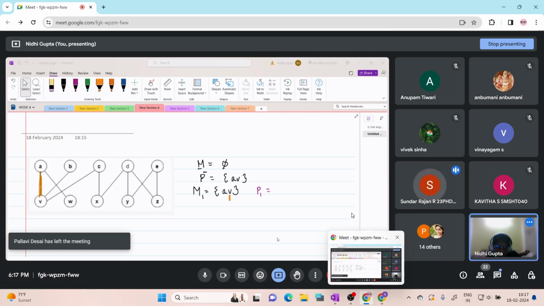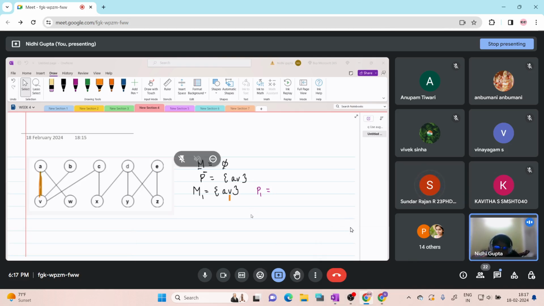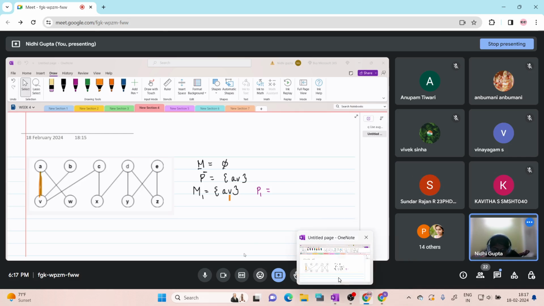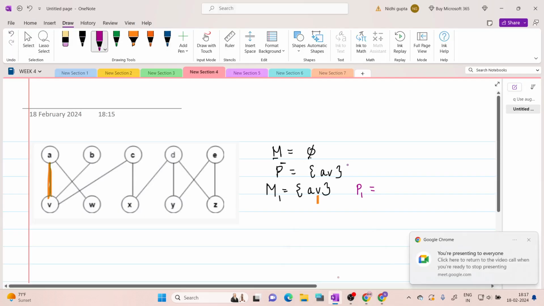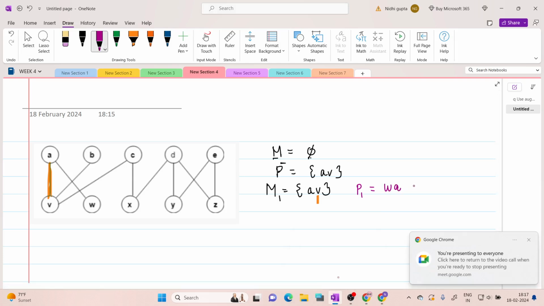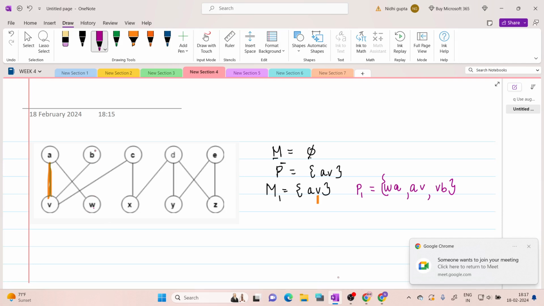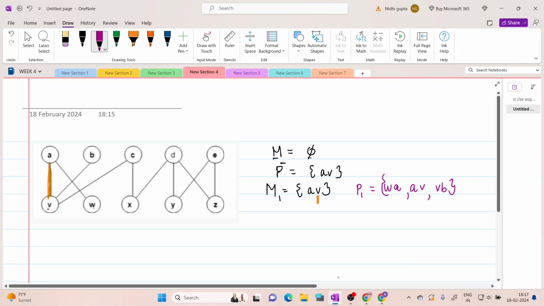So, WA, then the matched edge AV, and then VB. So his path is WA, AV, VB. That is correct because it starts with an unmatched vertex, ends with an unmatched vertex, and it alternates between matched and unmatched edges.